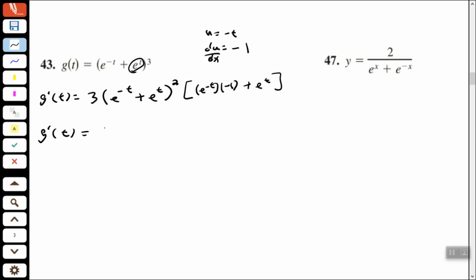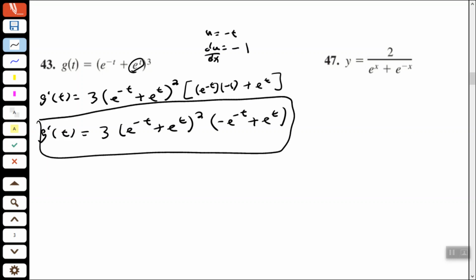So g prime is 3 times e to the negative t plus e to the t raised to the second power times negative e to the negative t plus e to the t. Okay, so we just use the chain rule on that one.